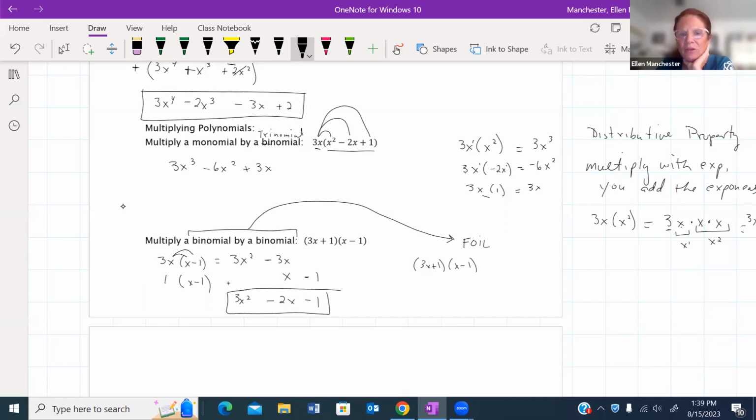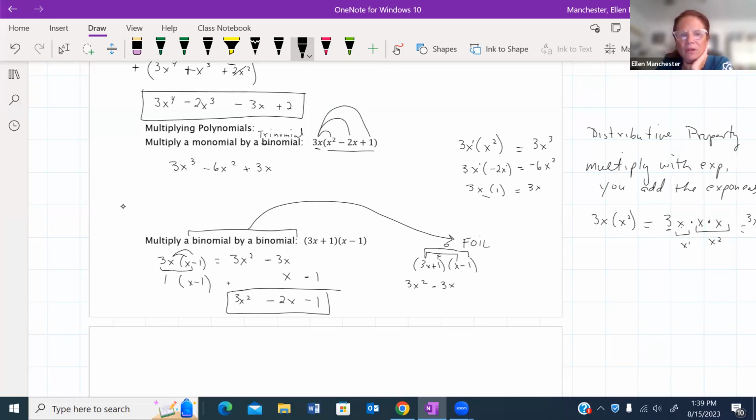F is first. 3x times x is 3x squared. Did you notice what we just did here? There's your first. Outside, 3x times -1 is a -3x.